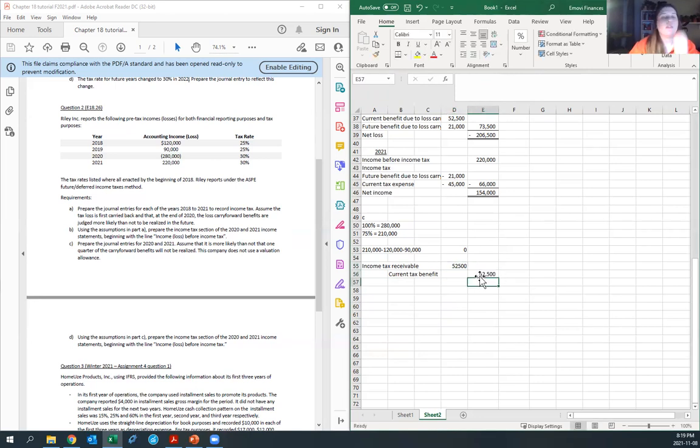You're not going to have any deferred tax asset because you have no more loss to use. Your balance of your loss is equal to 0. So for 2021, you're going to have to pay your taxes on the full amount of your accounting income. So it's going to be $220,000 times 30%.